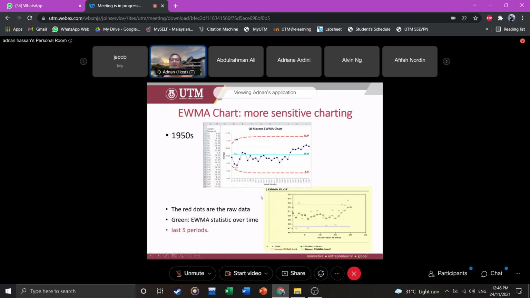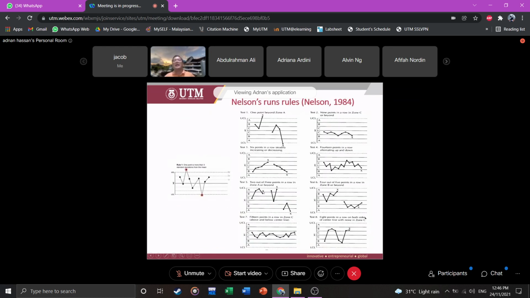This is what we call Nelson's runs rule, where we try to interpret variability of measured data. Nelson's runs rule says that we can analyze the fluctuation or changes of the points within control limits, within plus minus 3.